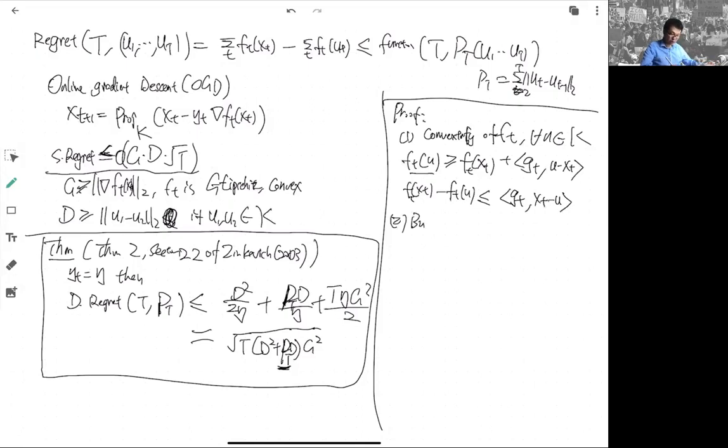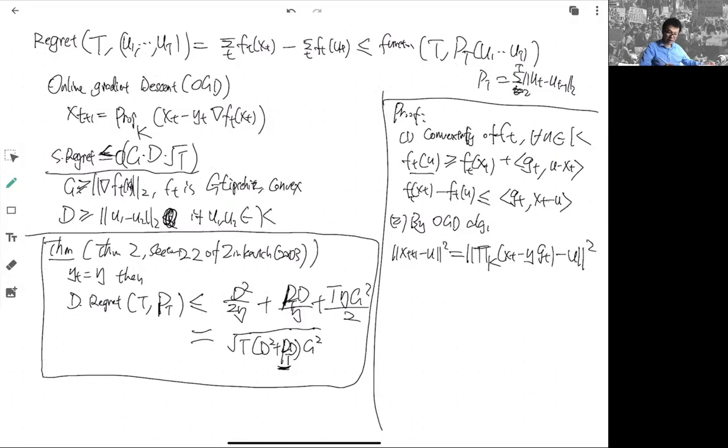And by the OGD algorithm, we can get xt plus 1 minus u equal to, let's apply the algorithm, a projection to this convex set K of xt minus eta gt, minus u.